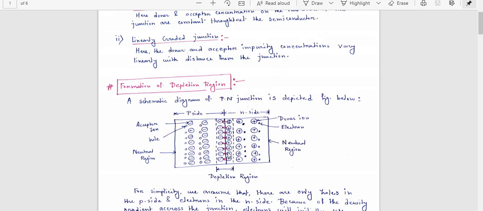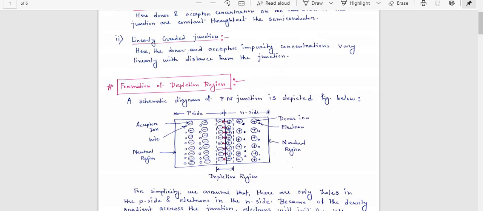It is formed with majority carrier holes, minority carrier electrons, and some acceptor ions. What are acceptor ions? Basically, these acceptor ions are negatively charged immobile ions. That means on the P side you have holes, you have electrons, and you have some negatively charged acceptor ions.